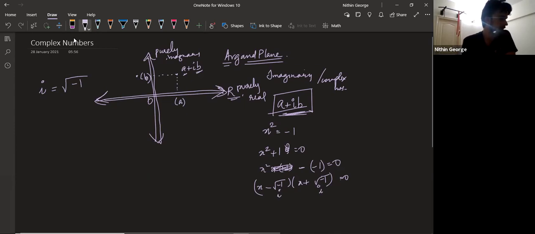Then, for purely real numbers, the condition is b equal to 0 in a plus ib. For purely imaginary numbers, the condition is a equal to 0. For a complex number, the condition would be b not equal to 0. That's all.